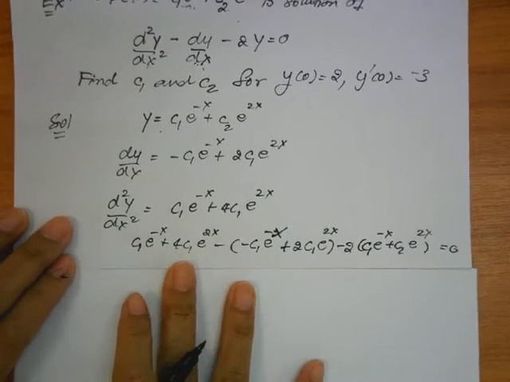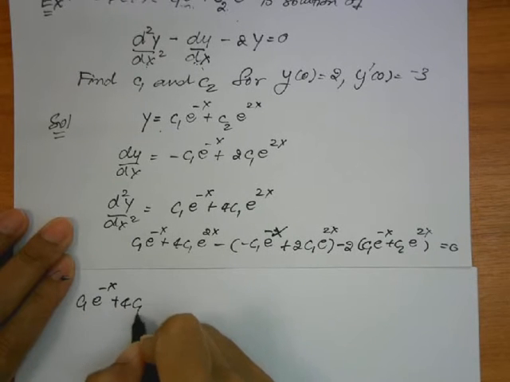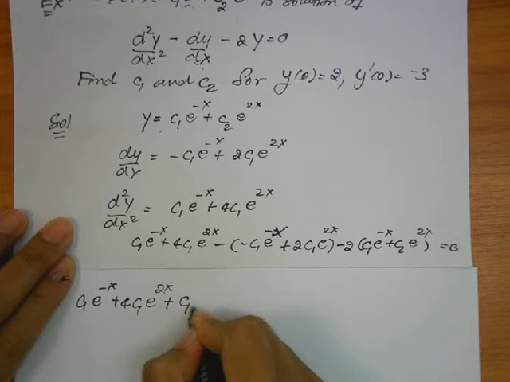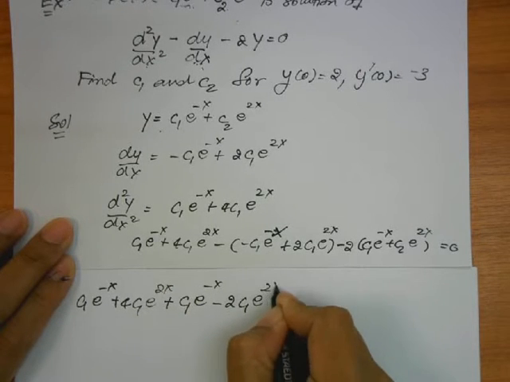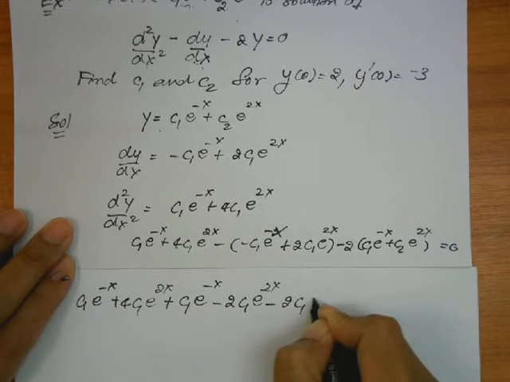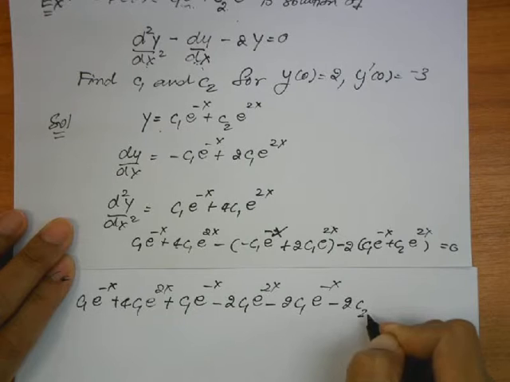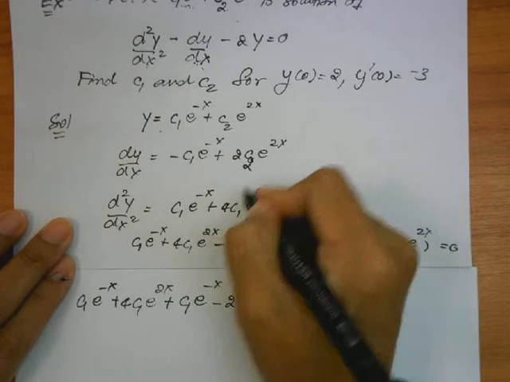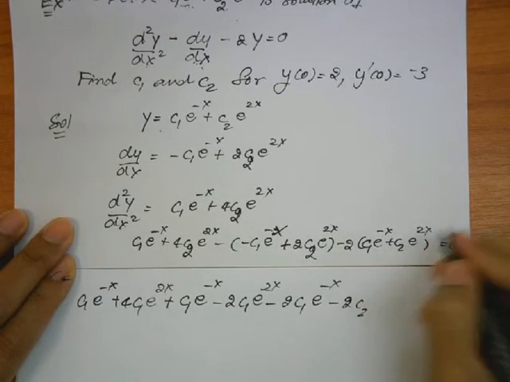Now, we get c1 exponential minus x plus 4c1 exponential 2x. Minus minus equal to plus, minus 2c1 exponential 2x minus 2c1, minus 2c2. Why I got no c2? Here c2, here c2. Sorry. There you go.